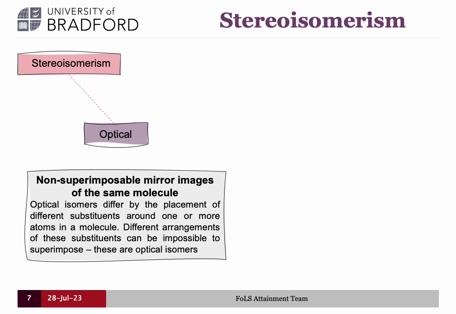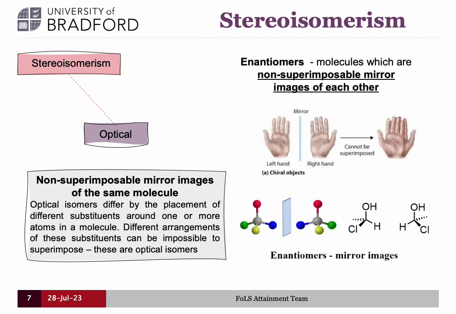These atoms or groups can be arranged differently around the central carbon in such a way that the molecule cannot be rotated to make the two arrangements align. Since one arrangement cannot line up to look exactly like the other, we refer to them as non-superimposable mirror images. So one of the isomers is the mirror image of the other.